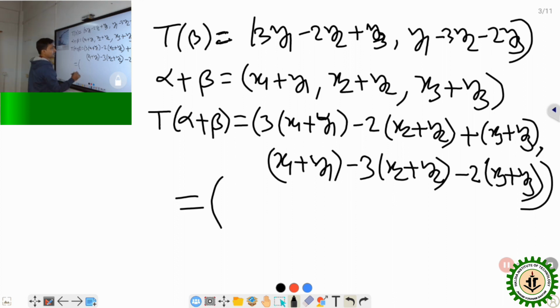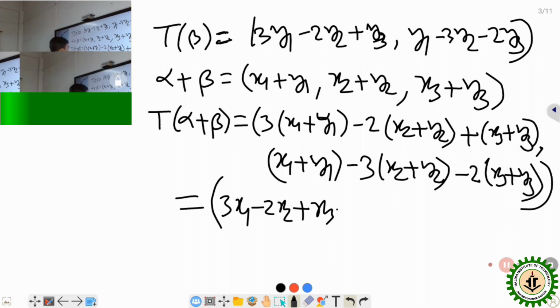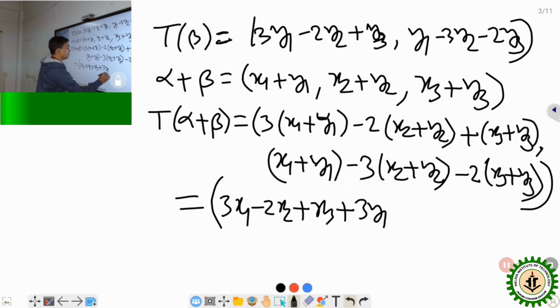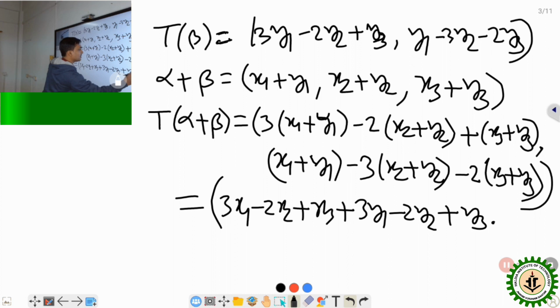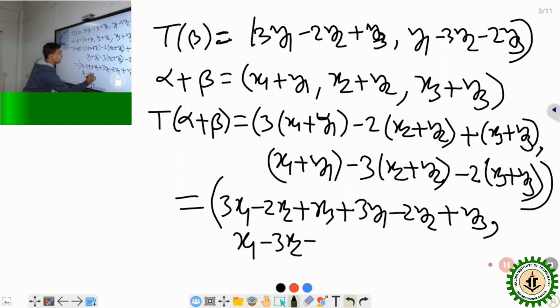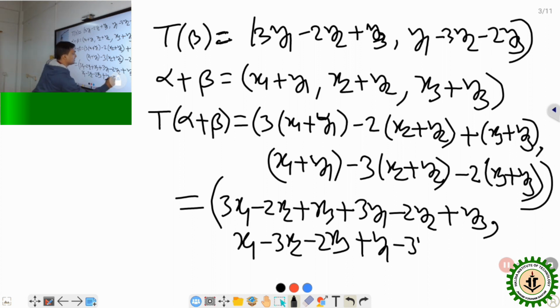It will be (3x1 minus 2x2 plus x3) plus (3y1 minus 2y2 plus y3), and for the second term, x1 minus 3x2 minus 2x3 plus y1 minus 3y2 minus 2y3.